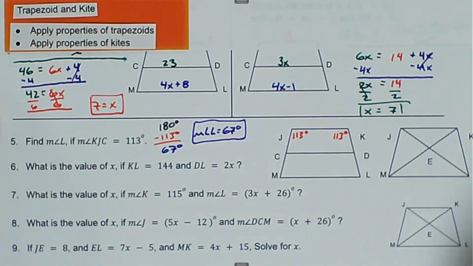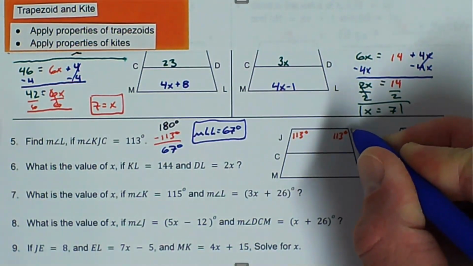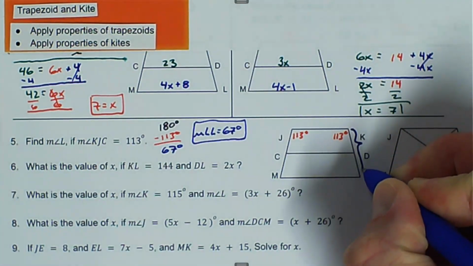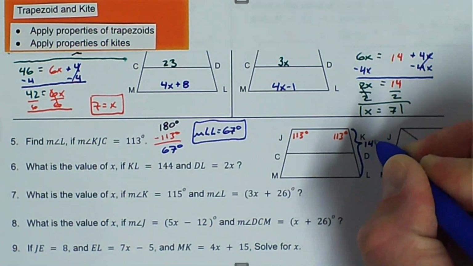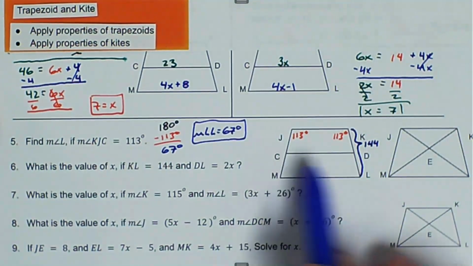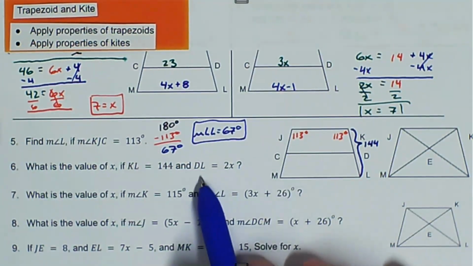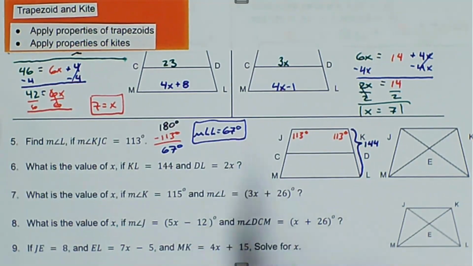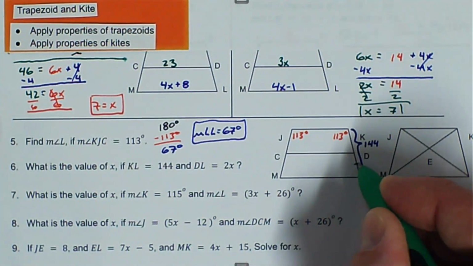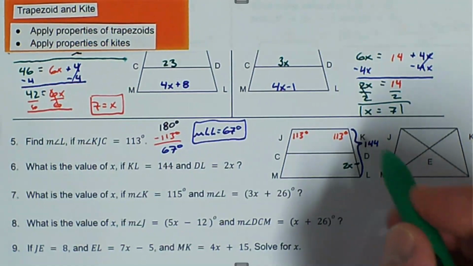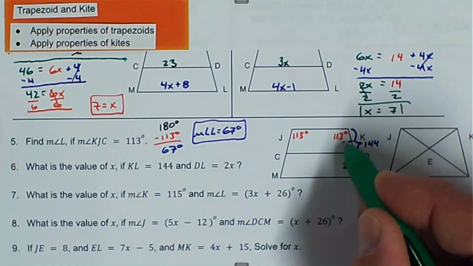So we can mark our drawing. That's the full length of that side is 144. And we know that that's a mid-segment there. So DL is 2x, which means that KD is also 2x.